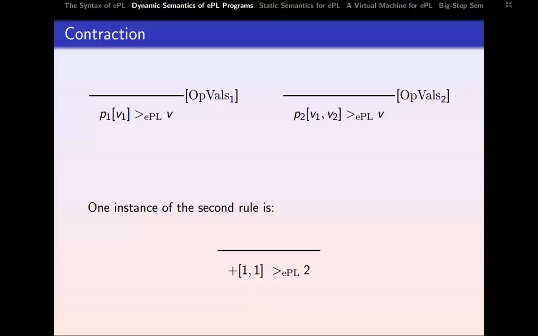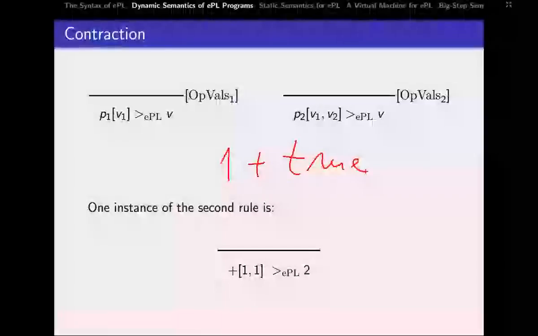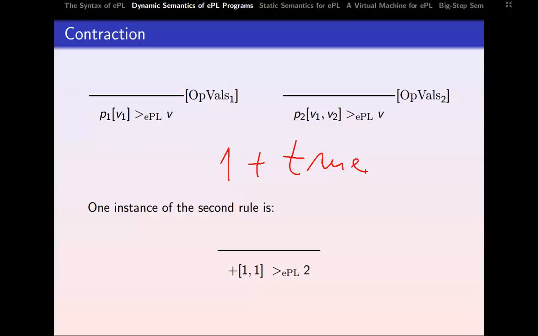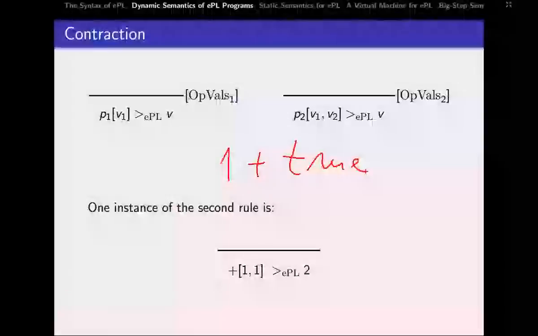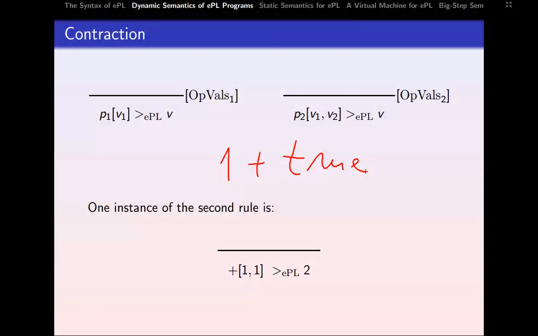Sorry, I'll try to speak more clearly. 1 and true are not valid arguments to plus.